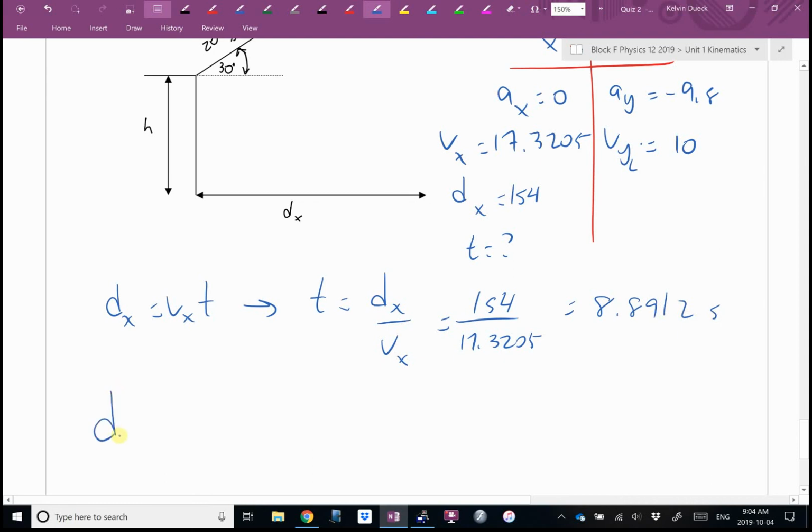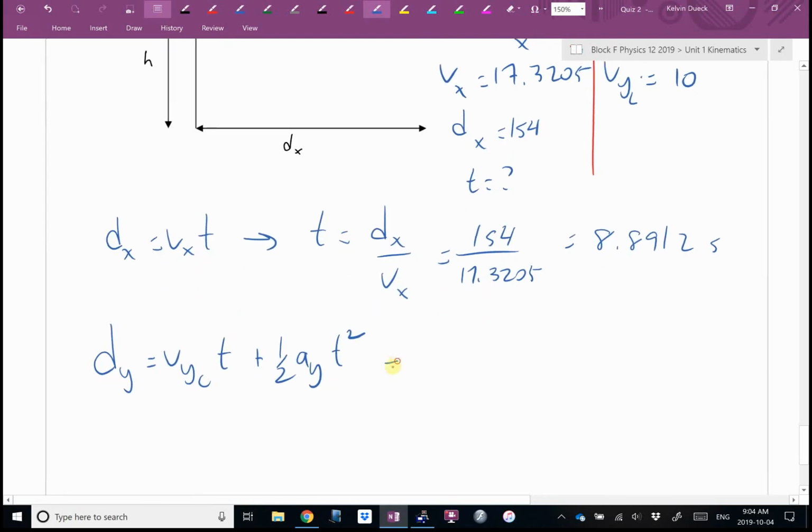Okay, I'm going to find dy, which is going to be vy initial t plus a half ay t squared. It's going to be 10 times 8.8912 plus 0.5 times negative 9.8 times 8.8912 squared. Of course, I'm going to use my answer button.